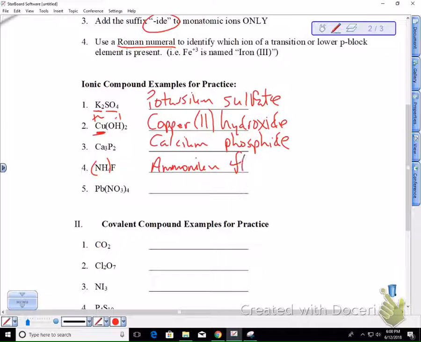And then fluoride. And then number 5, we have another element that is not a transition metal, but it's a lower p-block metal that can have multiple charges. And in this case, this is lead 4. Lead 4 nitrate. So hopefully you remember doing that.